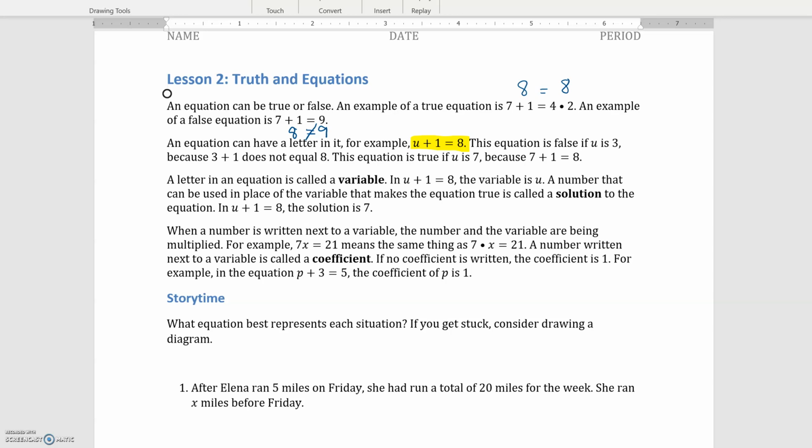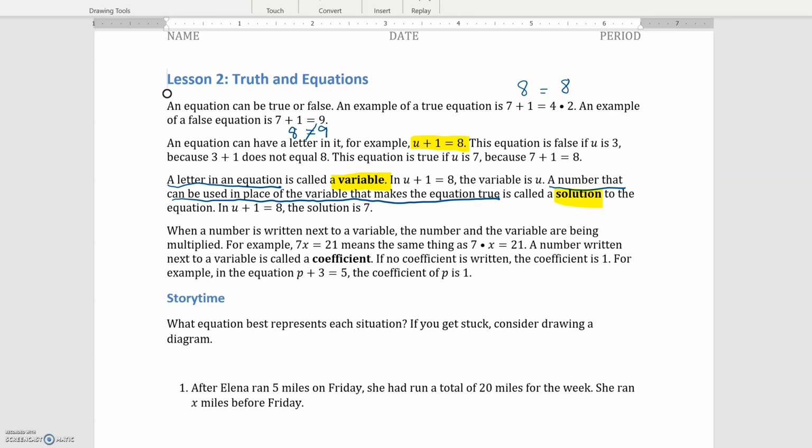Now we have some important vocabulary to think about. A letter in an equation is called a variable. So in u plus 1 equals 8, the variable is u. A number that can be used in place of the variable that makes the equation true is called a solution to the equation.